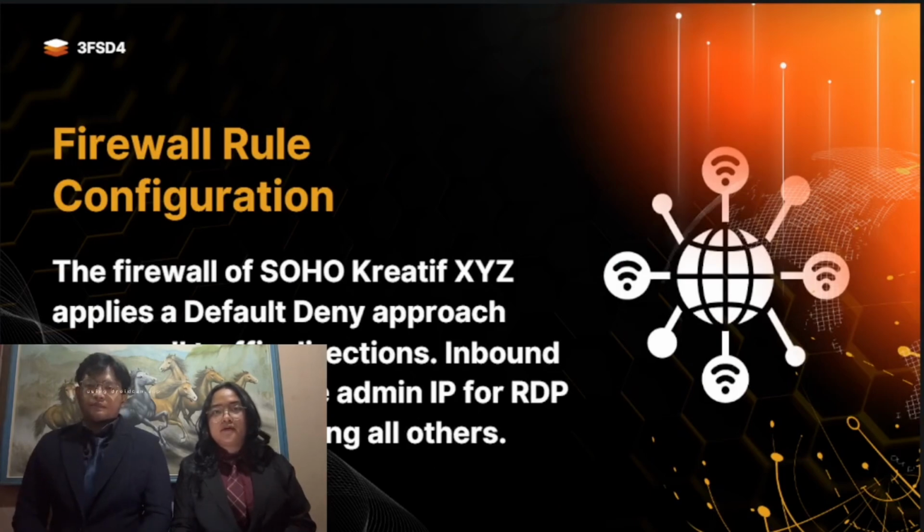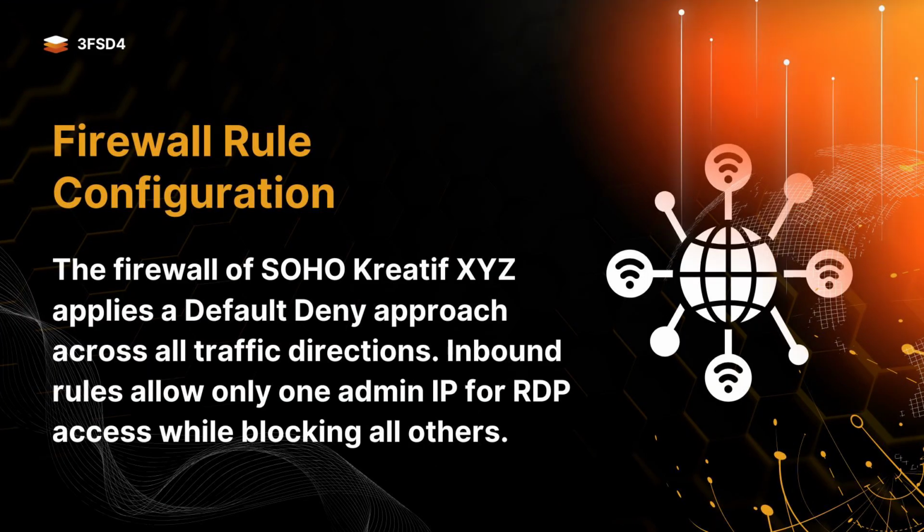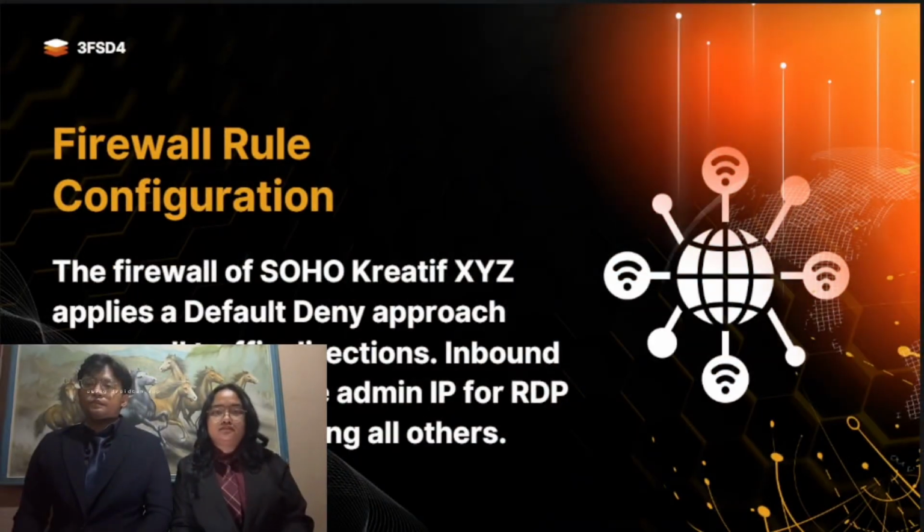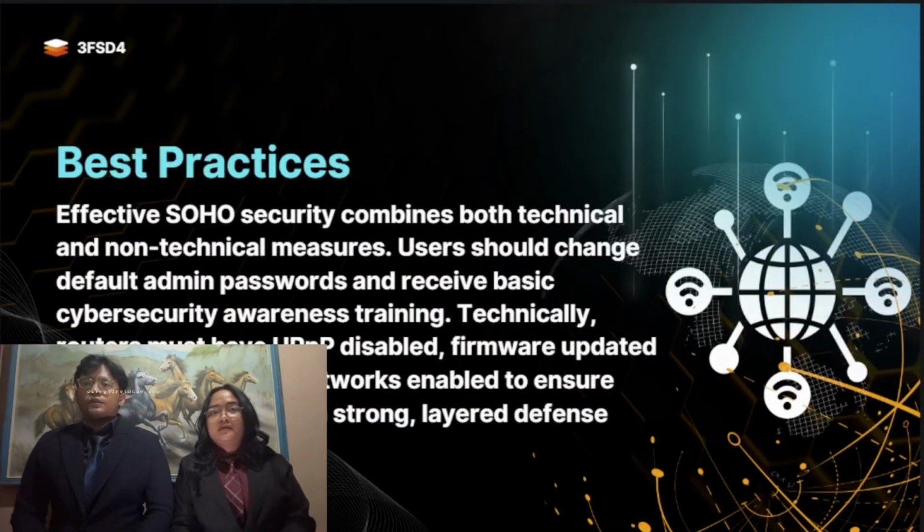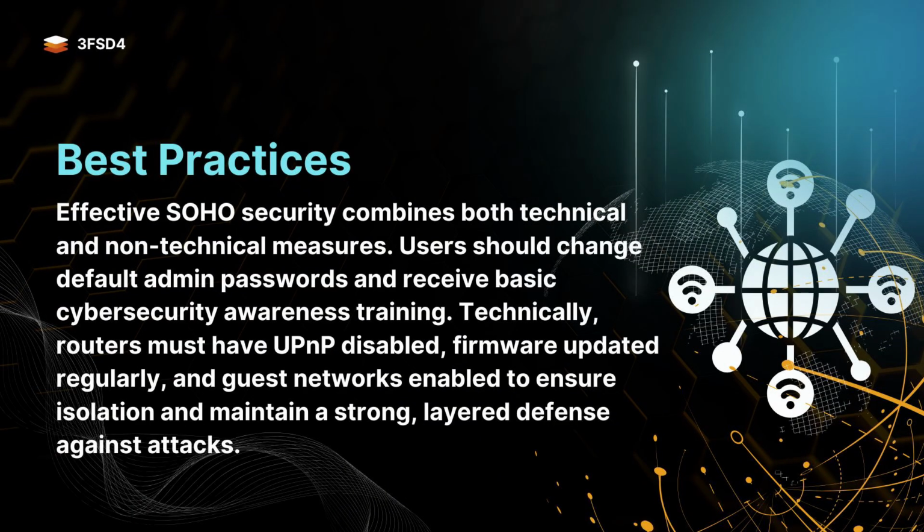So next, firewall rules configuration. The firewall of SOHO Creative XYZ applied a default deny approach across all traffic directions. Inbound rules allow only 1 admin IP for RDP access while blocking all others. Best practice: effective SOHO security combines both technical and non-technical measures.